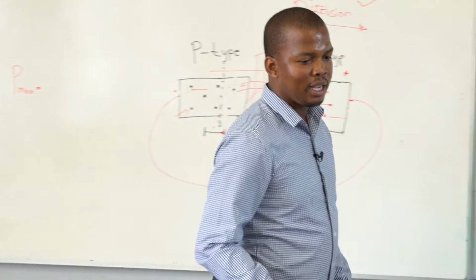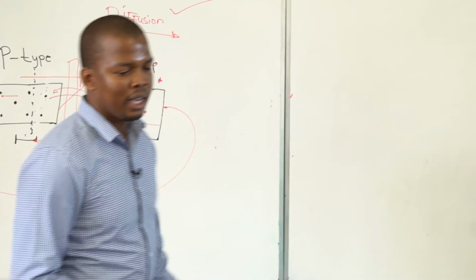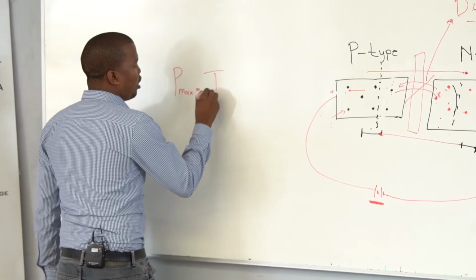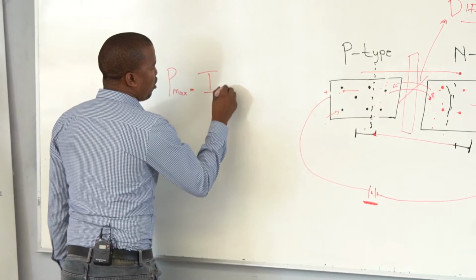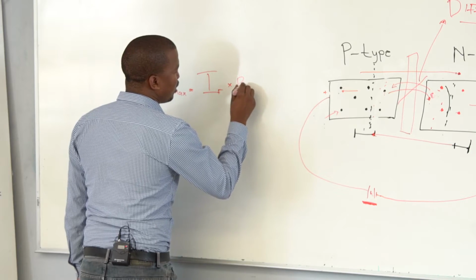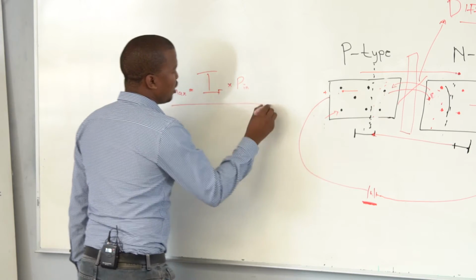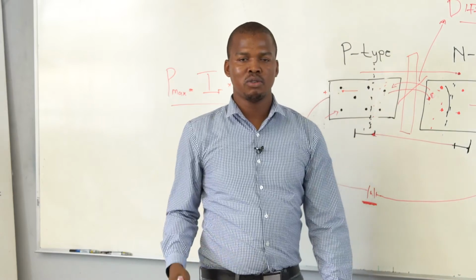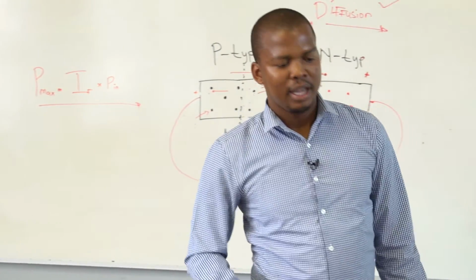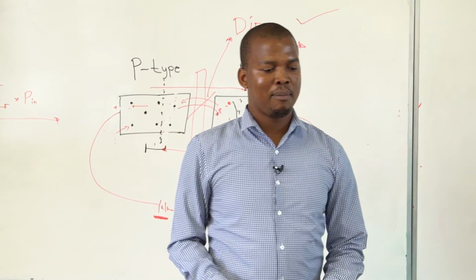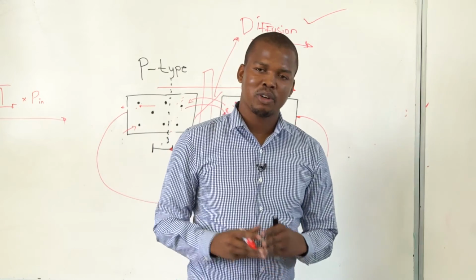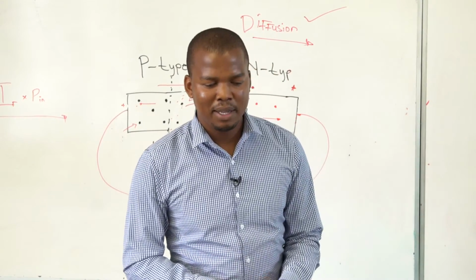By multiplying the forward current and the peak inverse voltage. This is the formula that you must use in order to get what? The maximum power rating. That's the maximum power that can be dissipated at a junction without causing further damage.